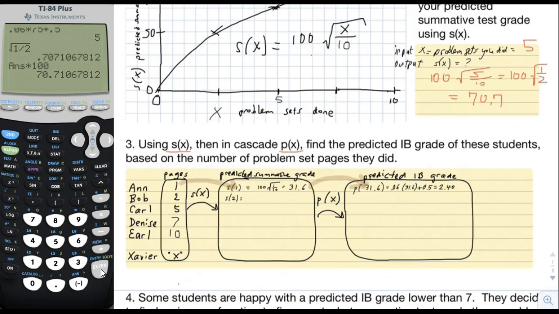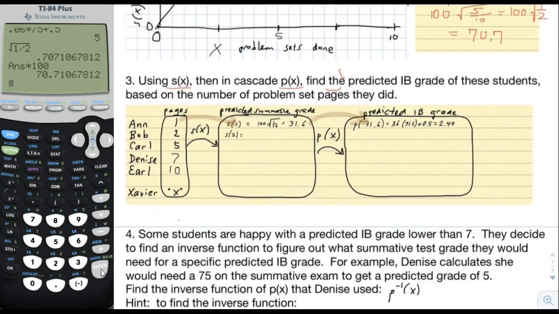So we're going to do that for several people here, for Anna, Bob, Carl, Denise and Earl. For example, Bob did 2 pages of problem sets. So we're going to put 2 into the function s and figure out what grade he's going to get.